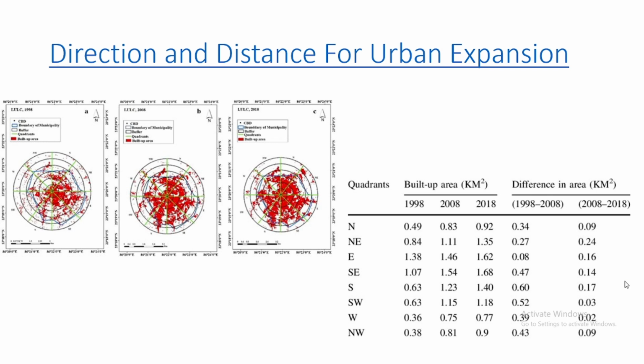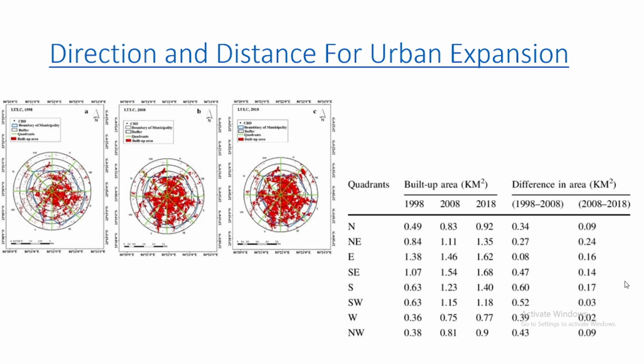This type of thing we can easily do if you know how to make the land use land cover classification. Direction and distance for urban expansion mapping, urban sprawl mapping, all of those, if you know how to make the land use land cover classification for different time periods.